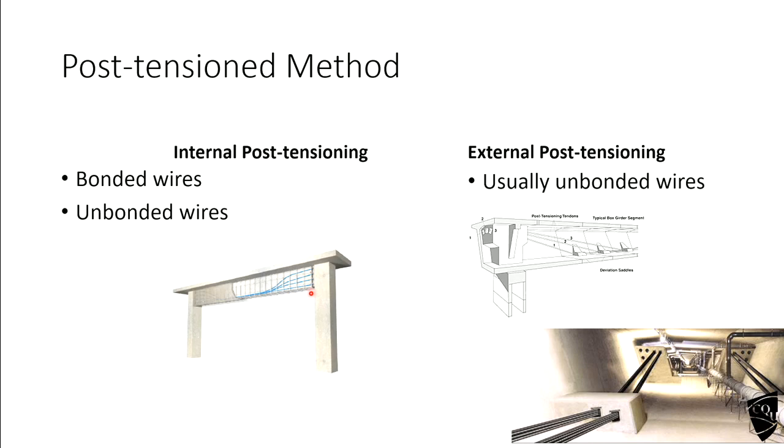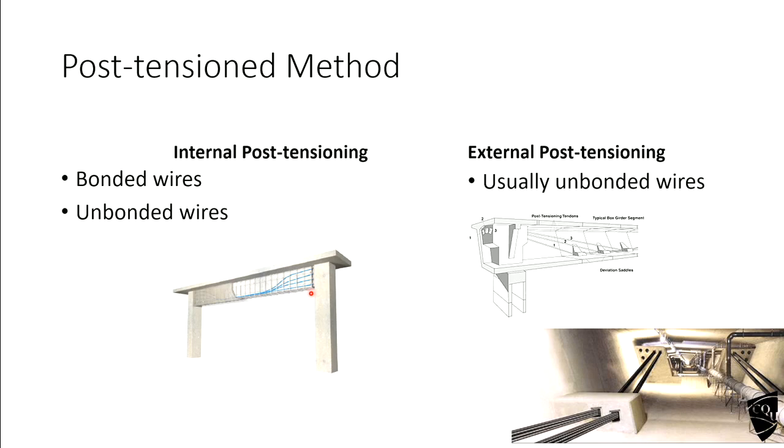With the bonded one, the design is easier. When you have bonded tendons or bonded wires, the design is easier because everything can be considered as a single unit, since everything is fully bonded.